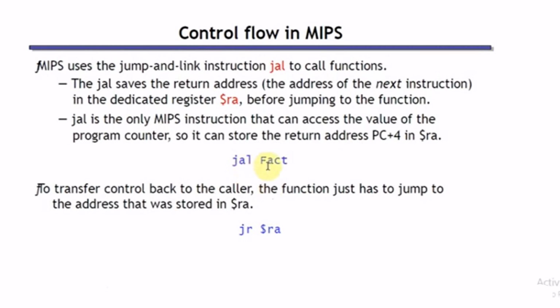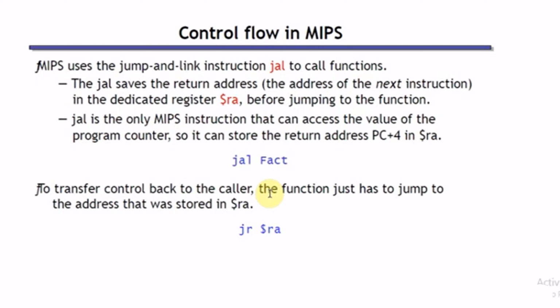So how can we call a function in MIPS? We have a special instruction for this purpose, the jump and link instruction. As you can see, jump and link receives one operand: the name of the function that you want to execute or invoke. Let's check what happens when we call a function. As we said, the return address should be saved somewhere.